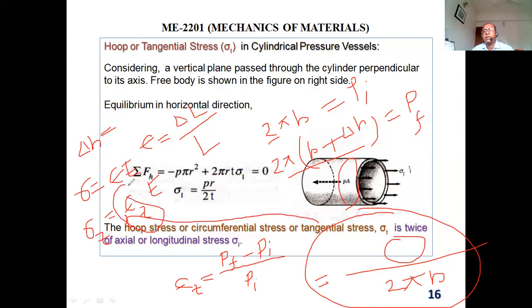Then we can figure out the change of radius after you pressurize the cylinder.